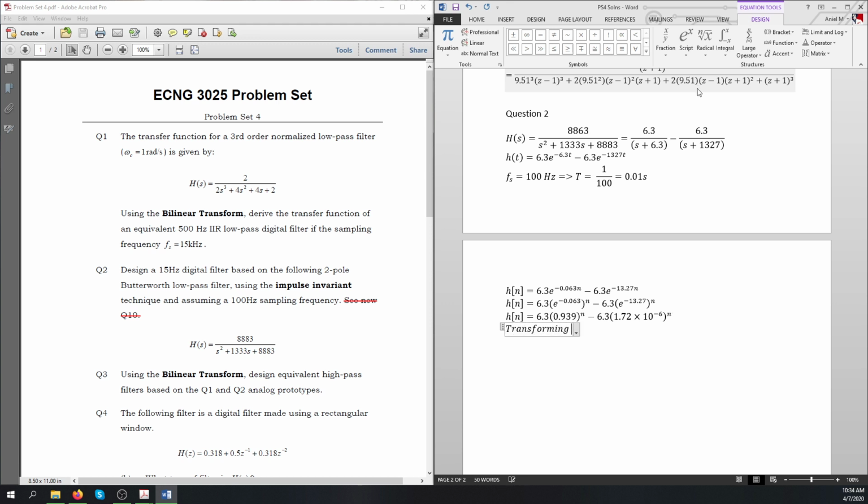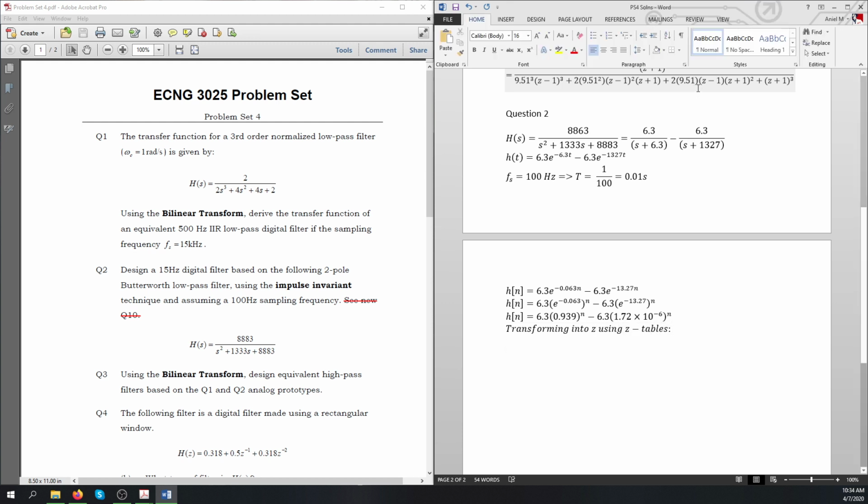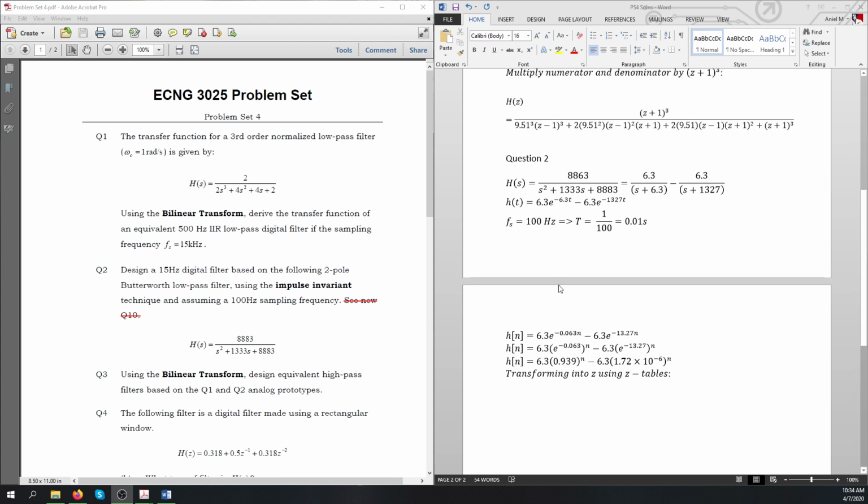Then we need to transform this h(n) into z. The purpose of the impulse invariant design technique is that you start off with the H(s) here. You need to get this in terms of h(t).